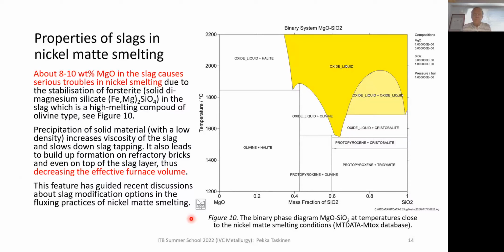There are possibilities, but I don't know whether smelters are really using these modifiers in normal practices, probably as a last possibility in running the furnace if it is otherwise impossible.